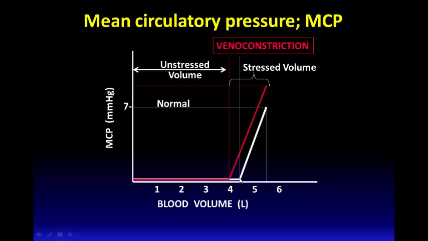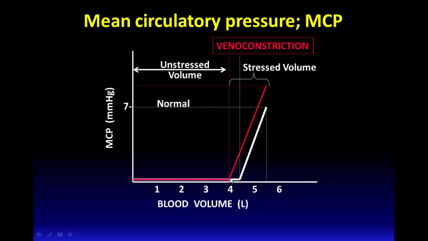When the veins undergo venoconstriction, the venous capacity decreases, hence the unstressed volume also decreases. Now with venoconstriction, the unstressed volume is 4 liters.